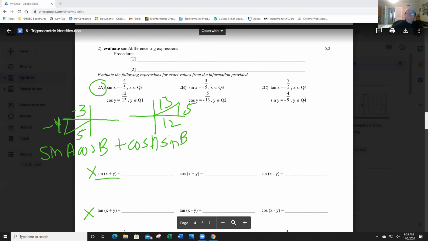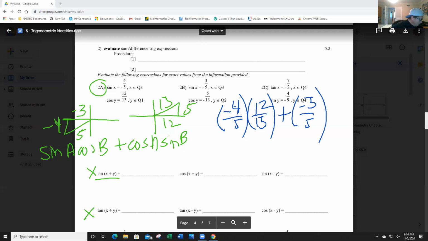So it's going to be the sine of a, -4 fifths, times 12 thirteenths, plus -3 fifths times 5 thirteenths.